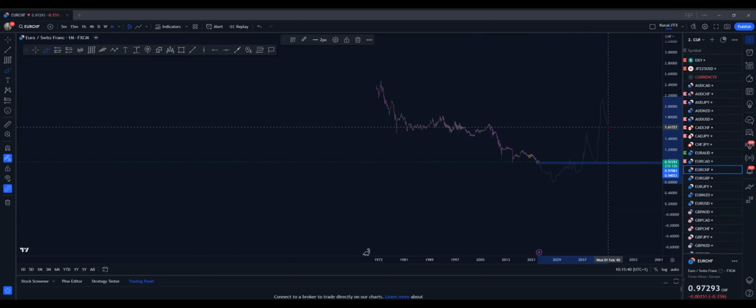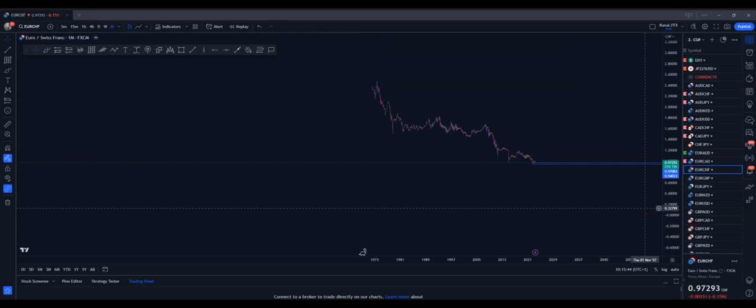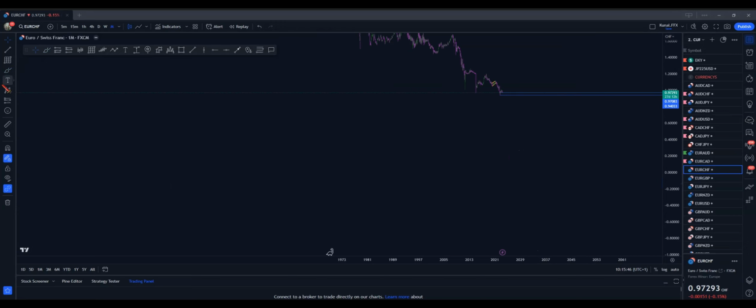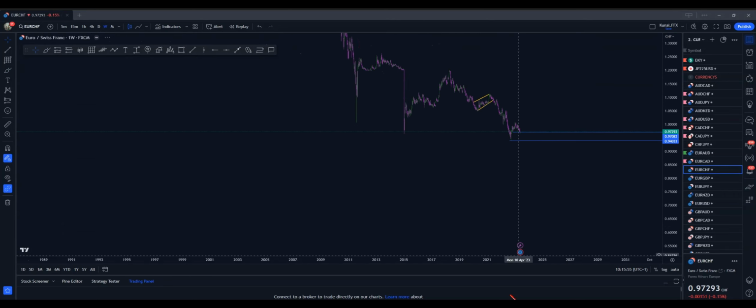Something crazy happens in the economy, and then we're coming back down and recreating everything. Hey, anything is possible. We could even trade in negative balances. That could be a thing in the future. Don't think so. But yeah, weekly still looking good.